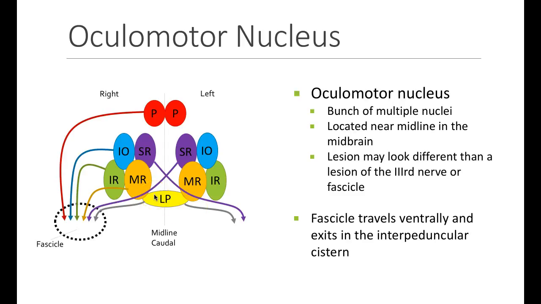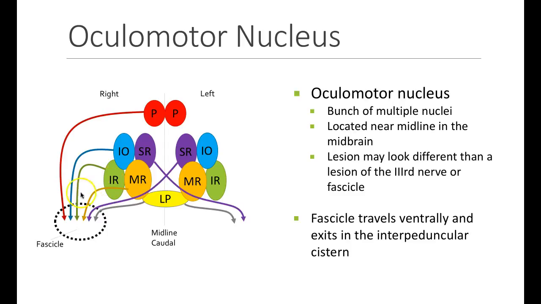The reason this is significant is that if there is a unilateral third nucleus or oculomotor nucleus lesion, it will cause bilateral ptosis because of the damage to the single levator palpebrae nucleus. And it will cause bilateral upgaze weakness due to damage of the fascicle that is crossing from the other side, but also damage to the nucleus that is supplying the contralateral side.